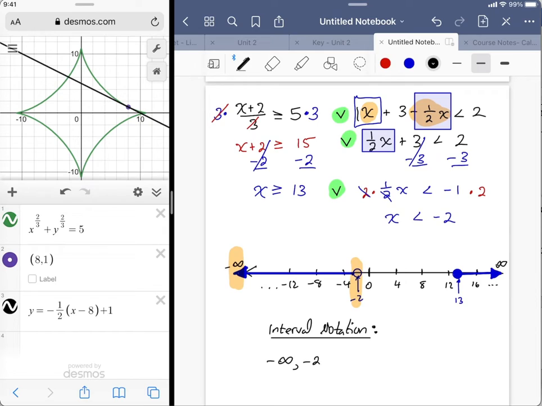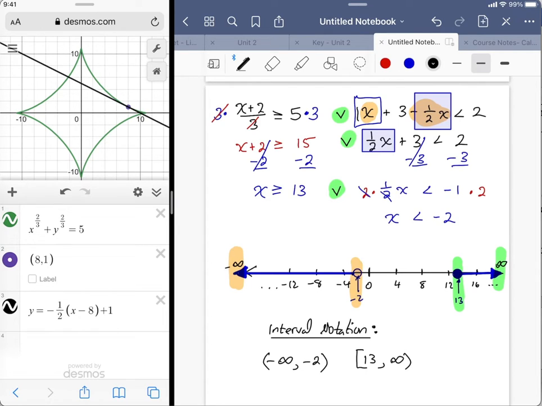My stop is -2. For the other piece, my start is 13, my stop is infinity. Infinities always get parentheses. Open circles always get parentheses. That's straight memorization at this point. And the 13, that's a closed circle, so that gets a square bracket.